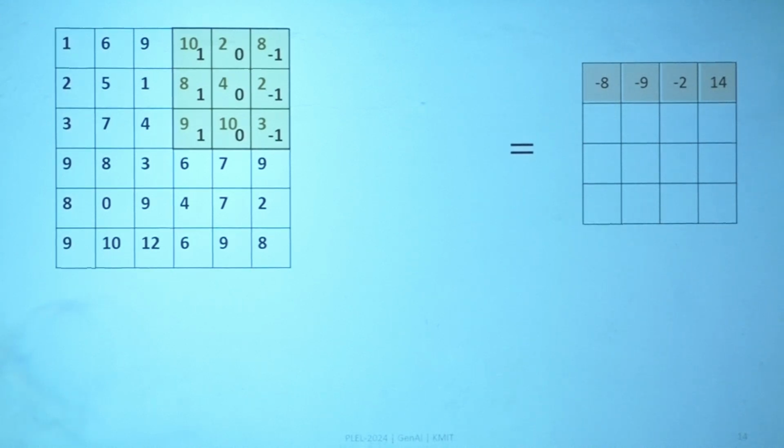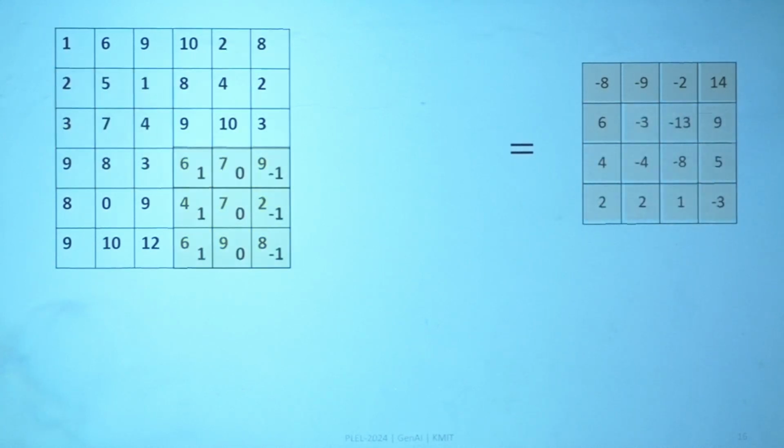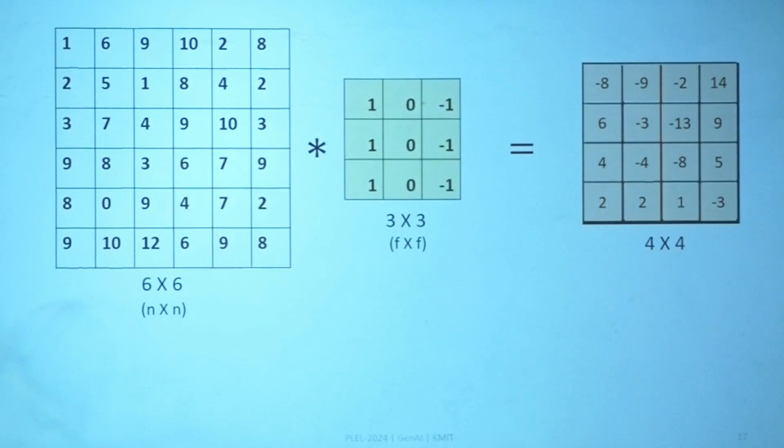One step down and to the leftmost position. Once the entire image convolution is completed, this is the feature map you are going to get. It's very clear, right?